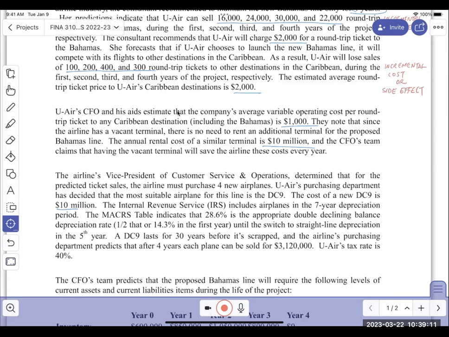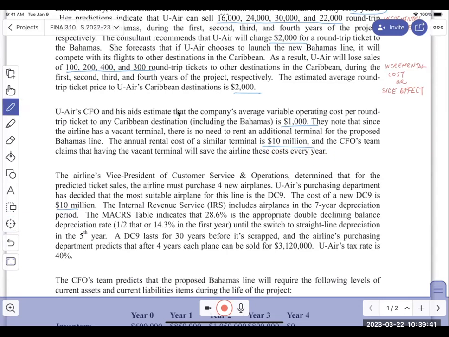Usually airlines rent terminals at airports, or they could own them. In this case, Bahamas happens to have a home base terminal already, even though they're not using it. The market value of the terminal is $10 million.